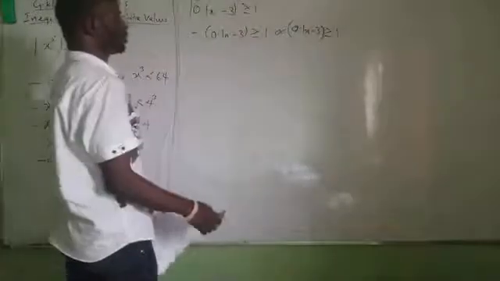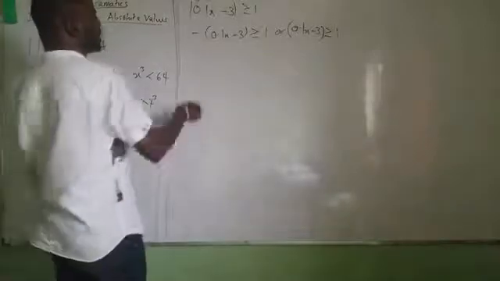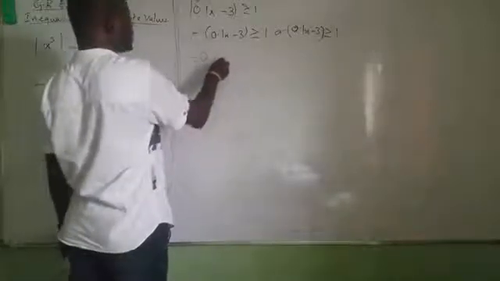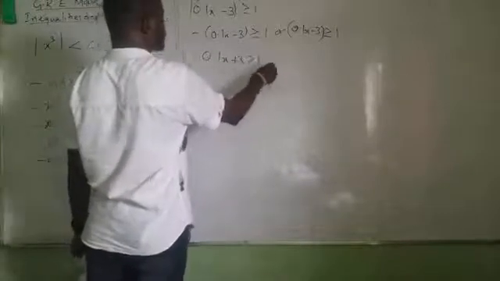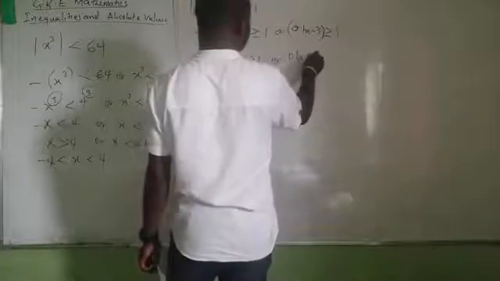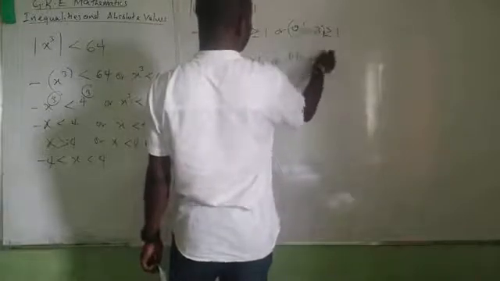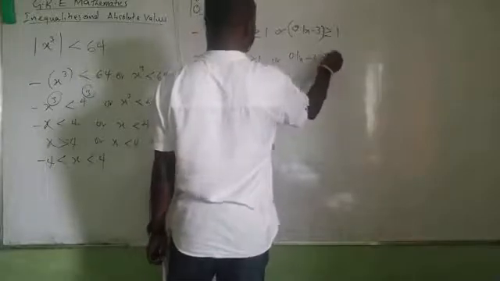Either of the two, because of this absolute value. Now, this one will give you minus 0.1x plus 3 greater than or equal to 1, or 0.1x minus 3 greater than or equal to 1.